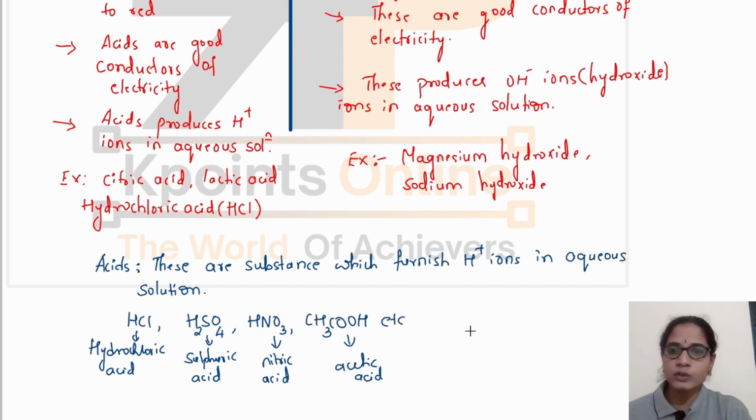When these are dissolved in water, when they form aqueous solution, they furnish H+ ions. Like when HCl gas is dissolved in water, it forms H+ ion and Cl- ion. The characteristic property of acids is due to the formation of H+ ions.